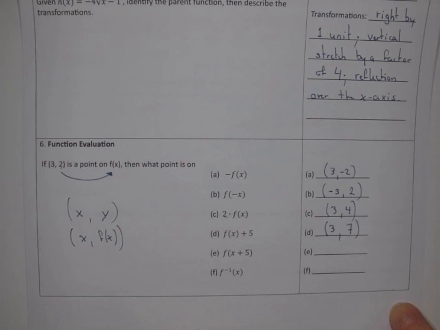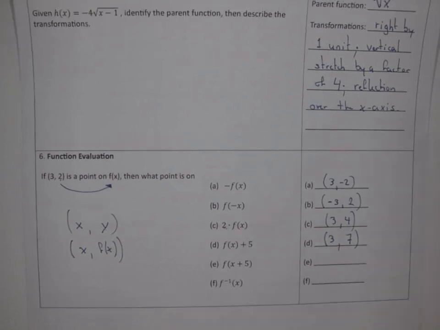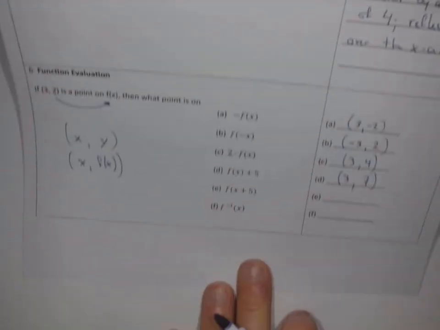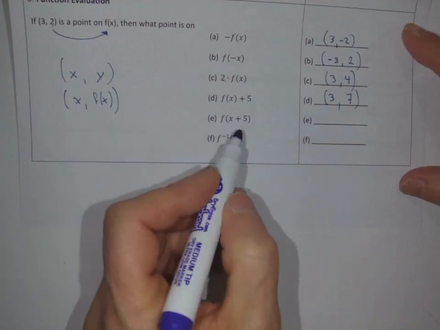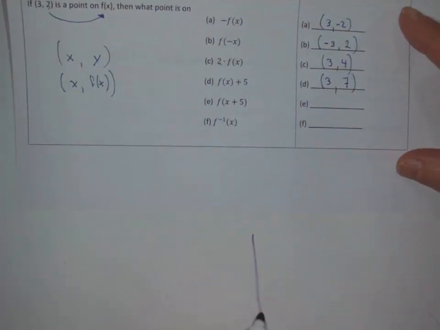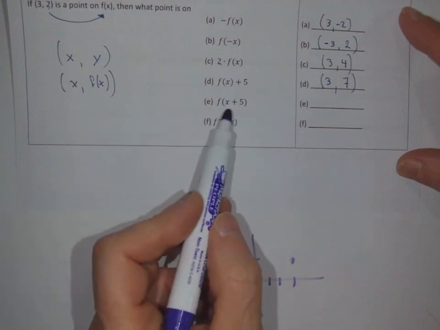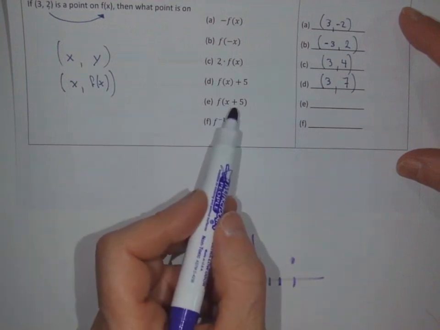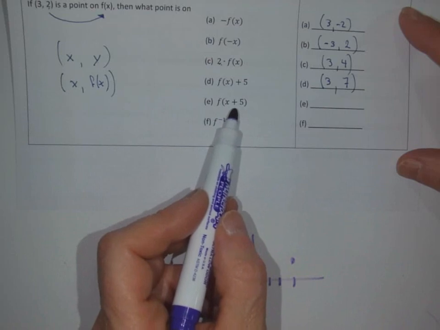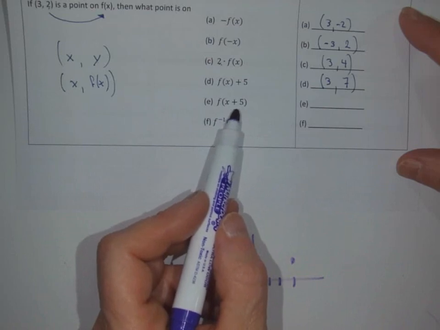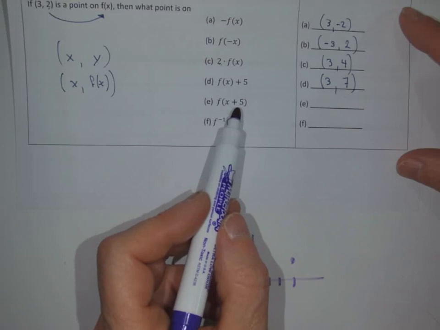Let me make sure we're clear on that. I'm at the point 3, 2 to start with, right there. And then I want to do f of x plus 5, meaning I'm going to translate or move my graph to the left by 5.